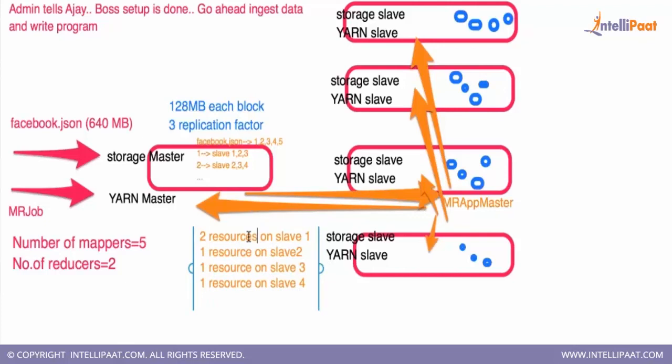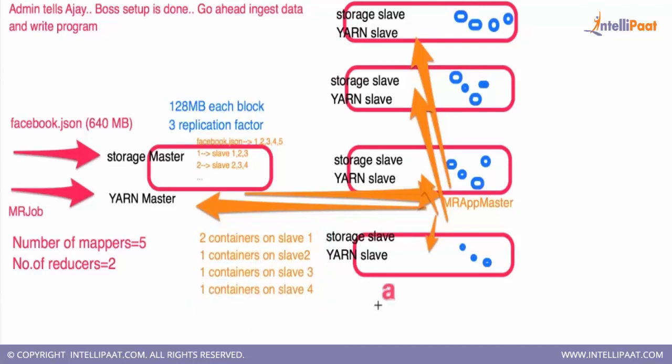And now I am replacing this word resources with containers. It's called containers. So AppMaster says, hello, I will first do mapper phase. Give me 5 containers. Resource manager says, go take 10, man.